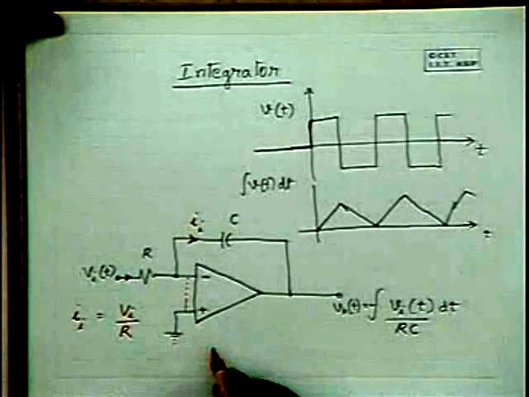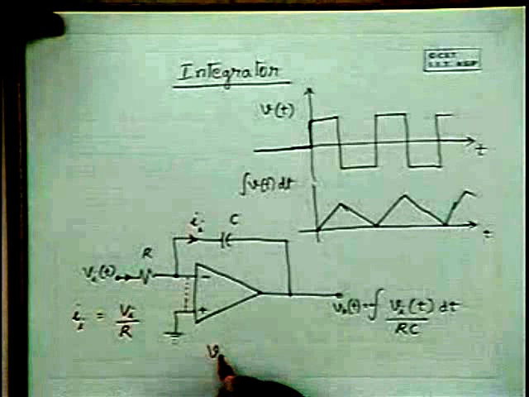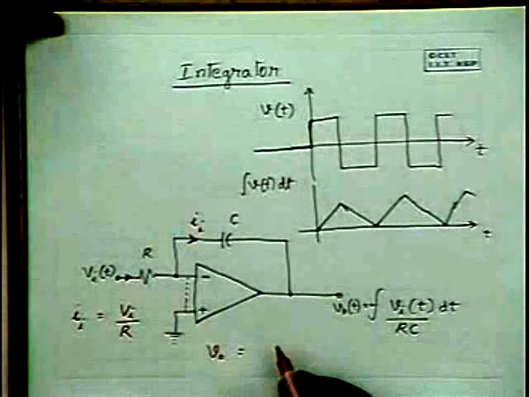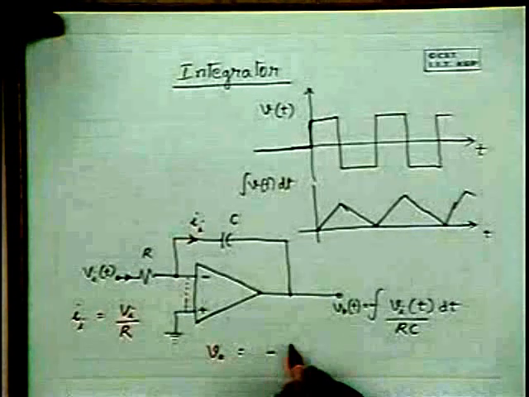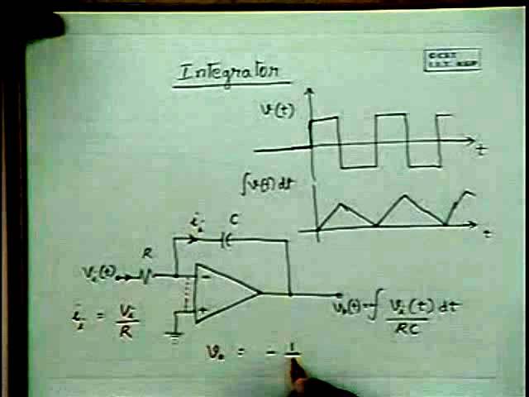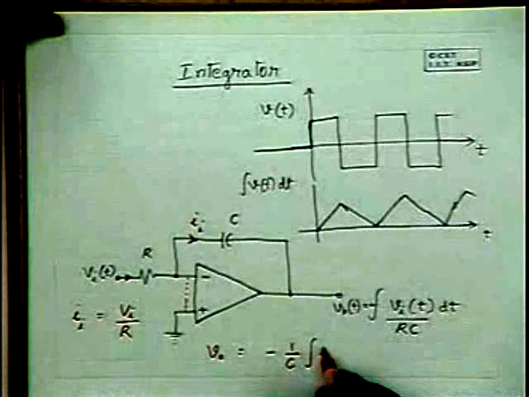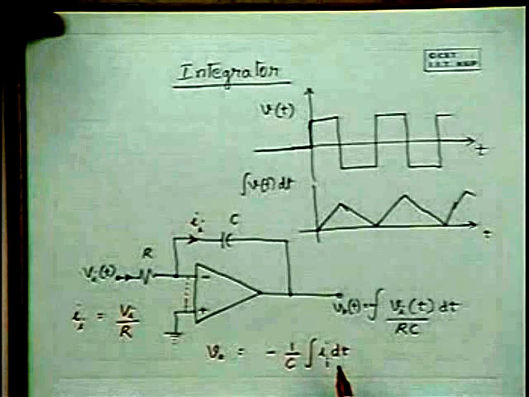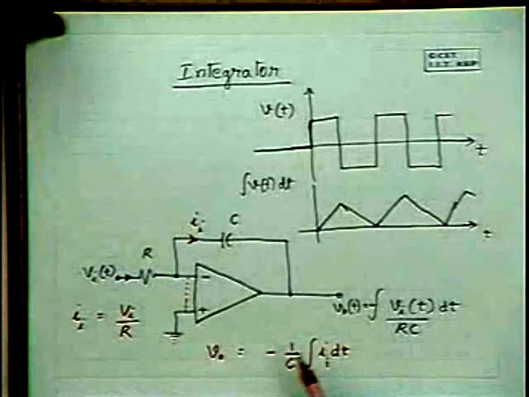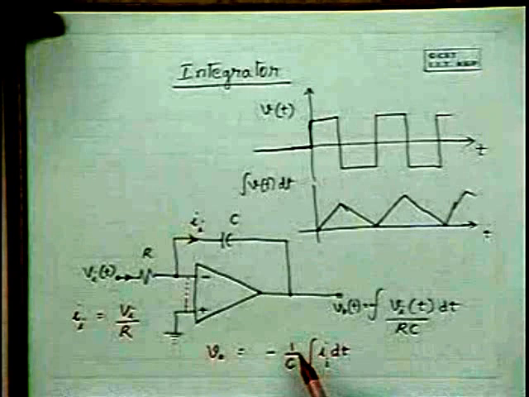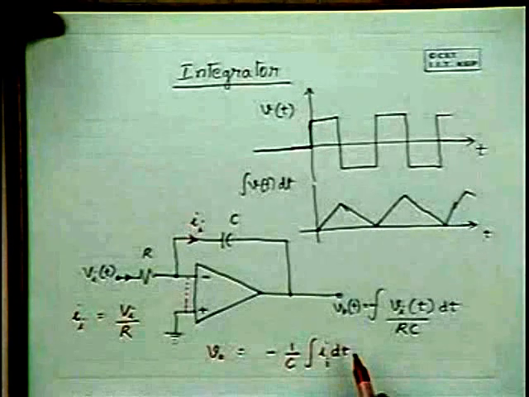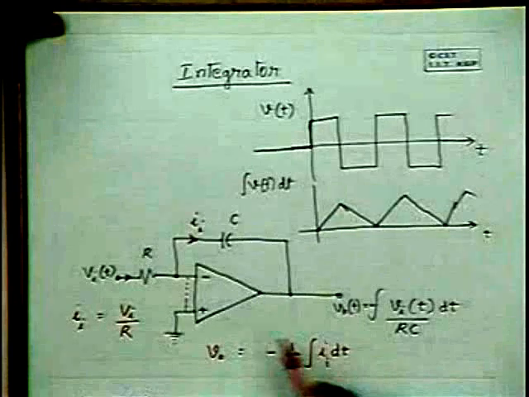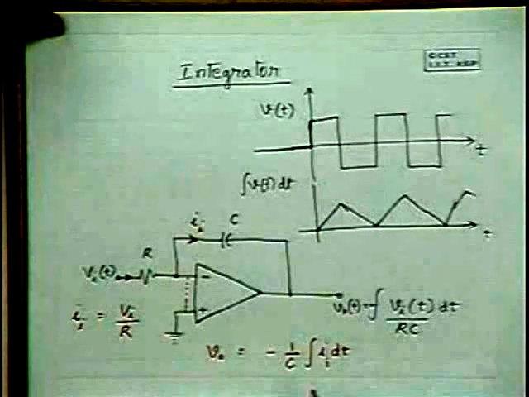Hence, V0 is equal to minus 1 by C integral of Ii dt, because the voltage drop across a capacitor is equal to 1 by C times the integral of the current flowing through it, dt.